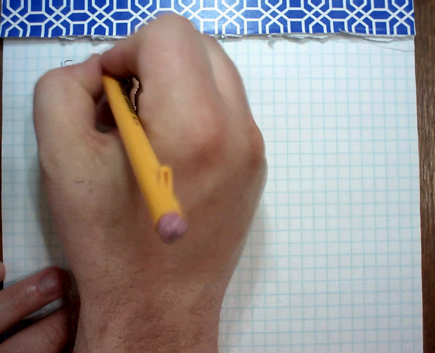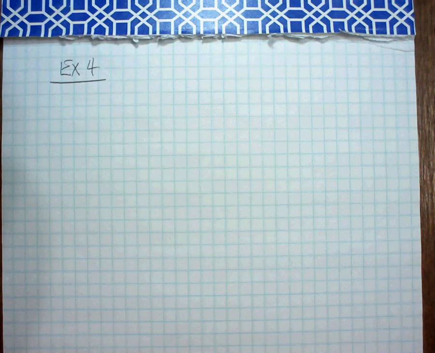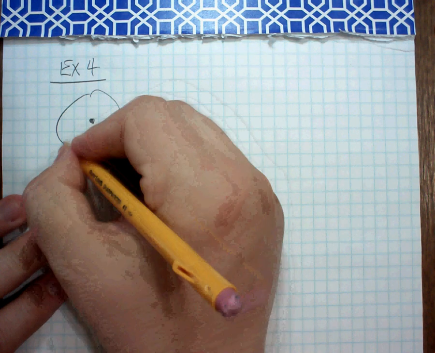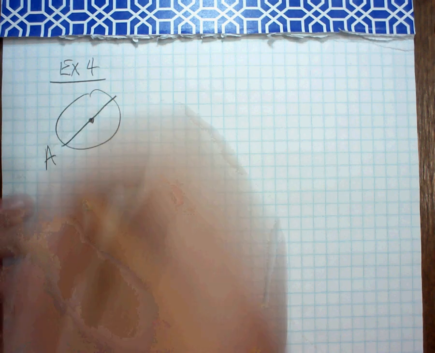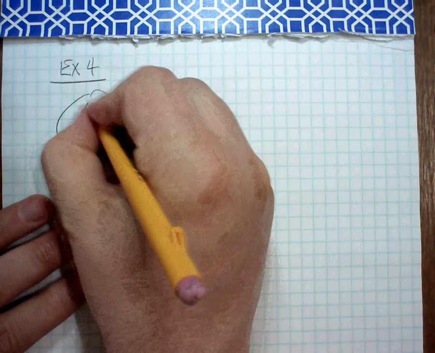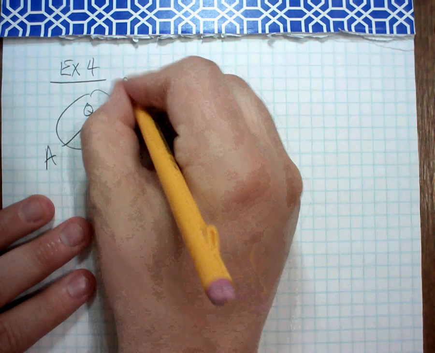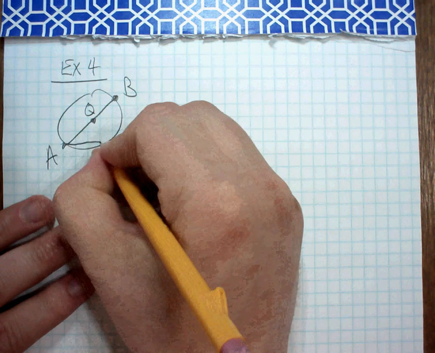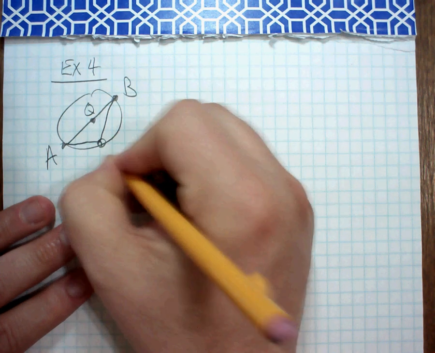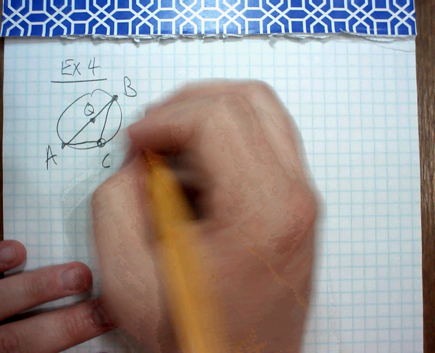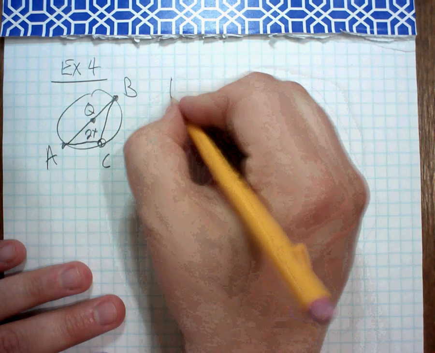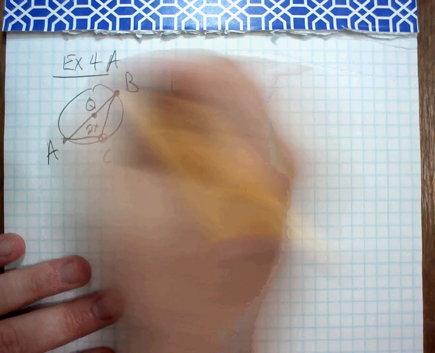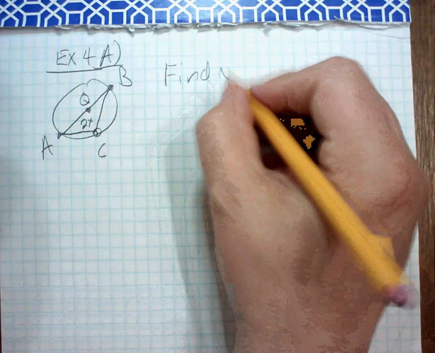So example number 4 then, I've got a perfectly drawn circle where this is A, this is Q, and this is B, and then this is C. And this is 2x. Find x. So this is example 4, part A. So we're asked to find x.